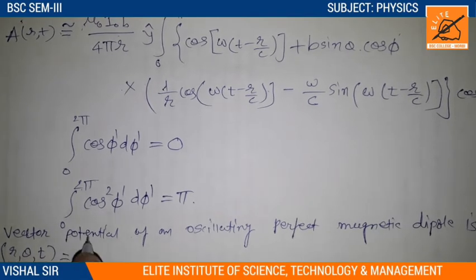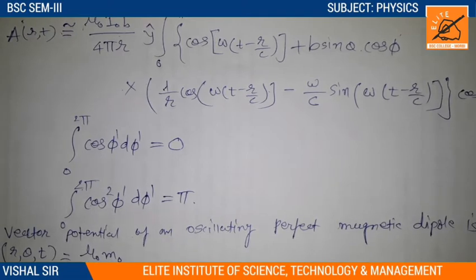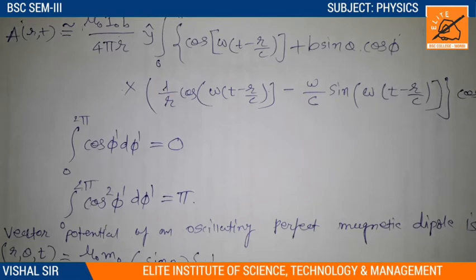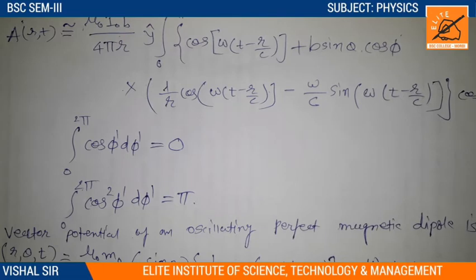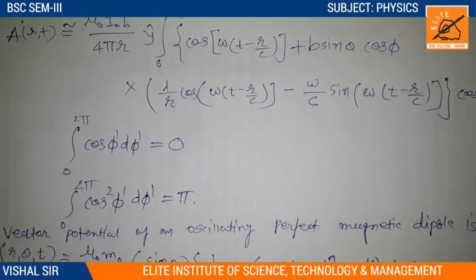It is equal to mu 0 into m0 upon 4 pi into sin theta upon r, into 1 upon r cos omega t minus r upon c, minus omega upon c into sin omega t minus r upon c. Okay, so it will point in the phi direction, so here we have phi cap.